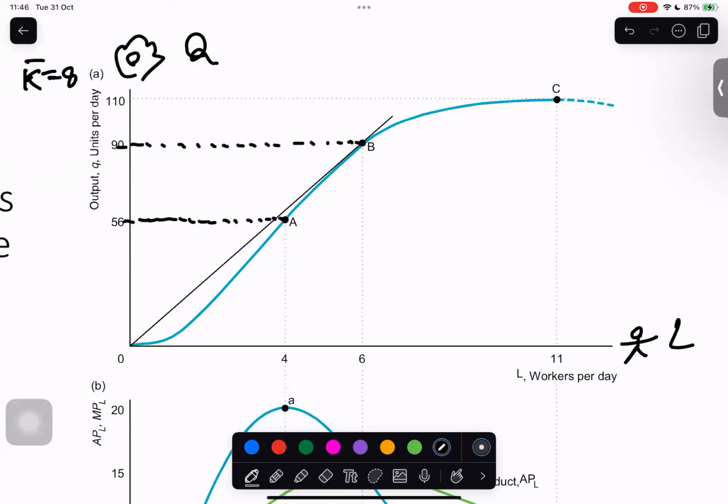So 110 is a max that we receive when L equal to 11. If we use more than 11, the curve suggests that our number of cookies will drop. So it looks like a bell shape now. This is a total product curve.